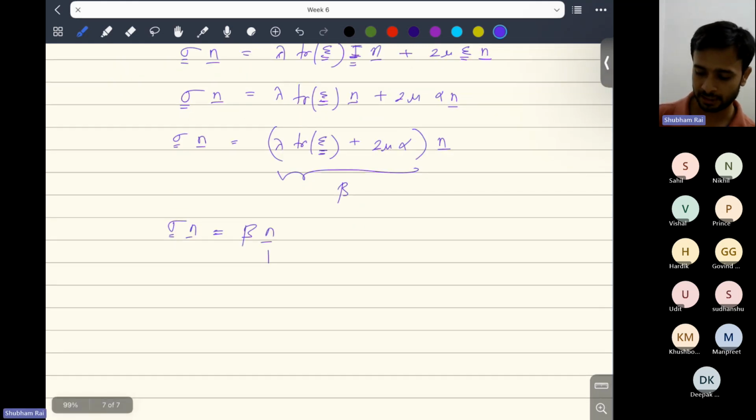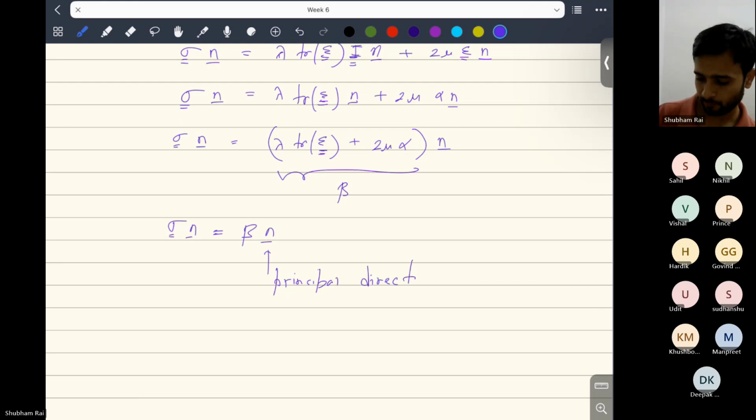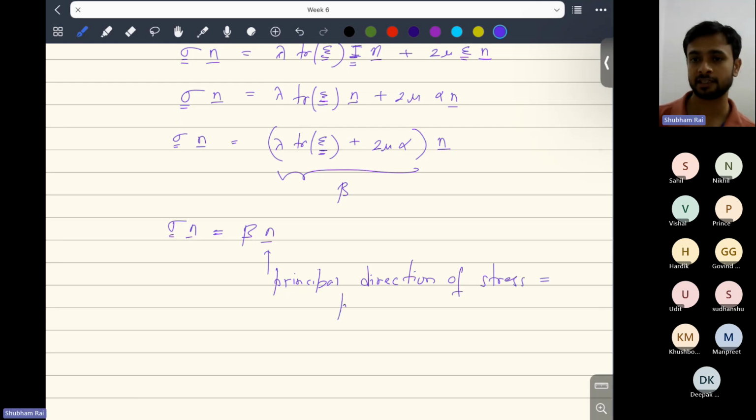That's why this n will correspond to the principal direction of stress, which is equal to the principal direction of strain, because n initially we had taken as the principal direction of strain.